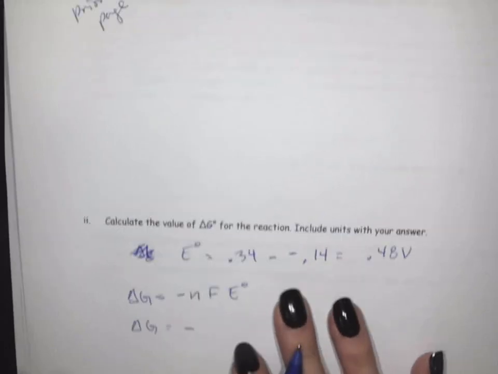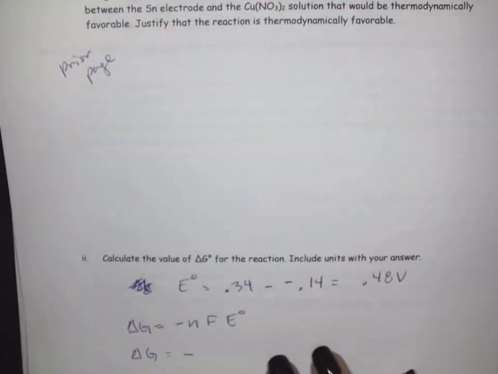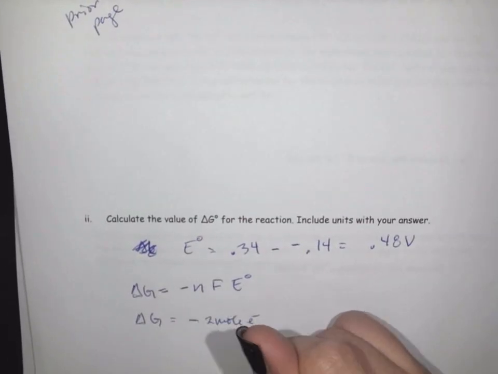Reminder, it was 2 moles of electrons, right? 2 gained and 2 lost. So it'd be 2 moles of electrons.